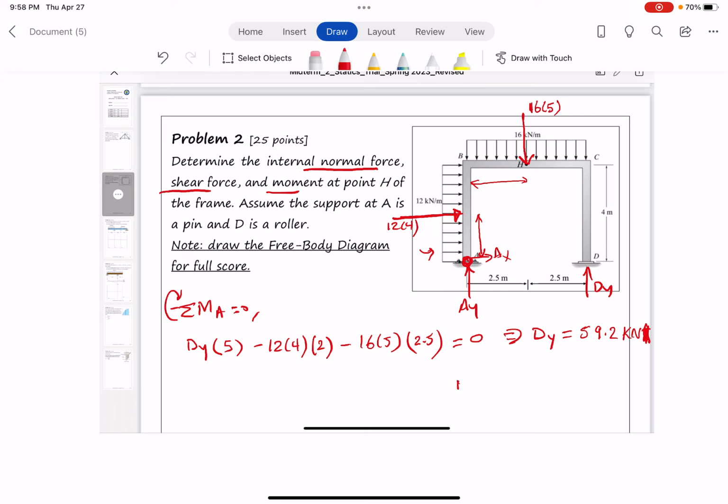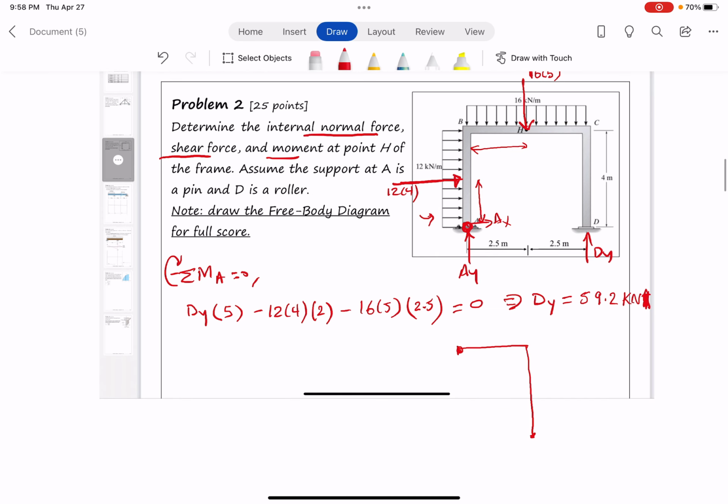We need to draw the frame from H. So this is DY, going up. From here to here is 4 meters, and you have a distributed load from here to the point where you're going to get a section.